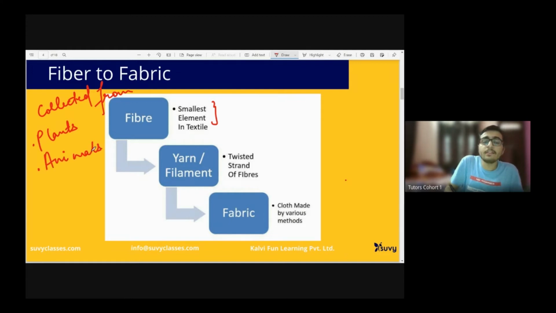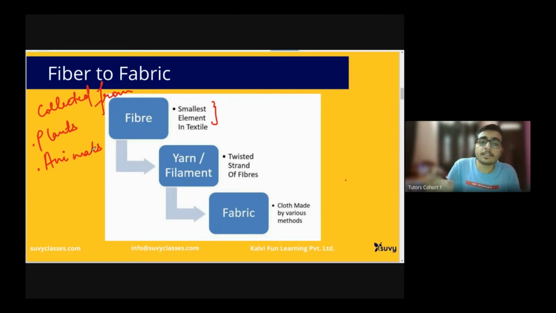You might have seen that in older days people used to wear the skin of a few animals. People from the Stone Age, where clothing was not as prevalent as it is today, used to wear animal skin. Also, cotton is taken from plants, right? So cotton, animal skin or silk are taken either from plants or animals. This is nothing but fiber.